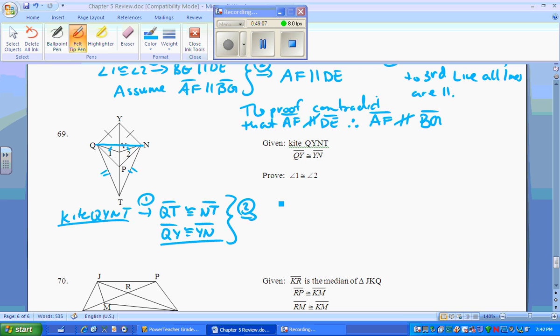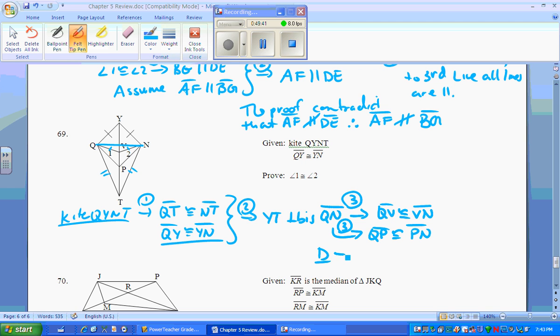This means that, my mistake, not QN, that YT is the perpendicular bisector to QN, because Q and N are the two stationary points. And if these two are perpendicular bisectors, that means QV is congruent to VN. And also, same reason, you could say QP is congruent to PN.